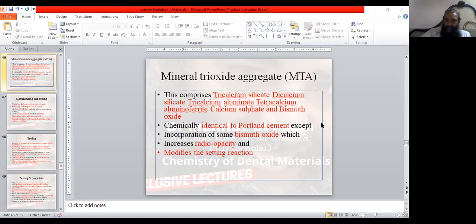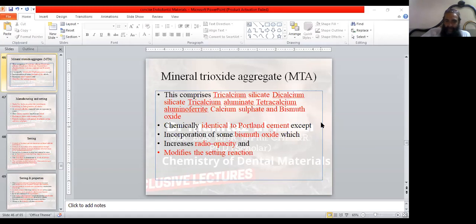endodontic materials, the mineral trioxide aggregate. A quick review, an amazing product which comprises tricalcium silicate, dicalcium silicate, tricalcium aluminate, tetracalcium aluminoferrate, calcium sulfate, and bismuth oxide.